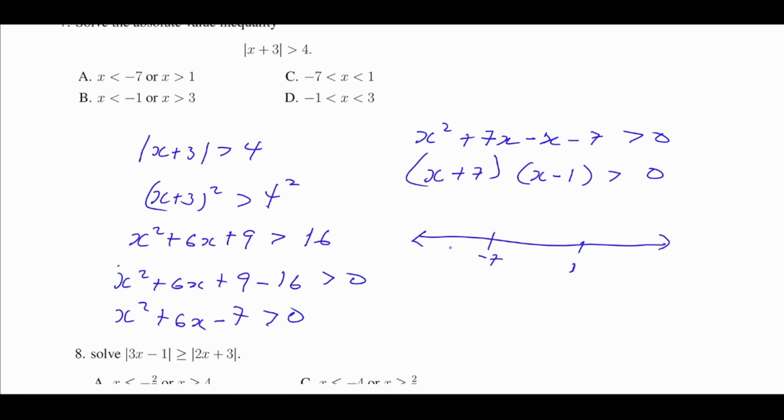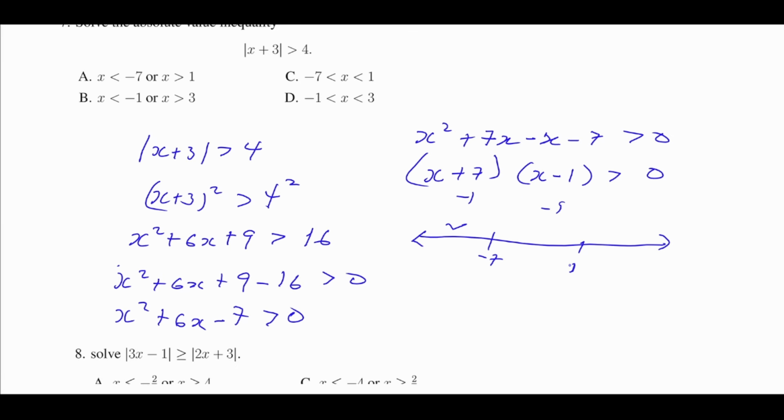If I take -8, I have -8 plus 7, that will give me -1, and -8 minus 1 will give me -9. When I multiply, I have 9. Then the question is, is 9 greater than 0? The answer is a big yes. So this place works.